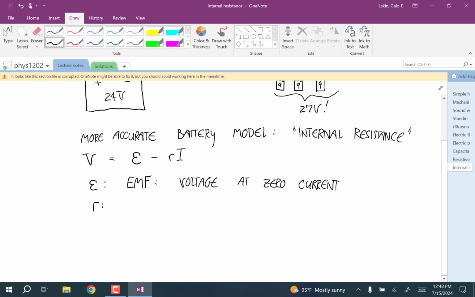This lowercase r is called the internal resistance, and that's provided in ohms as if there's a resistor inside your battery. And then I is the current being drawn from the battery.